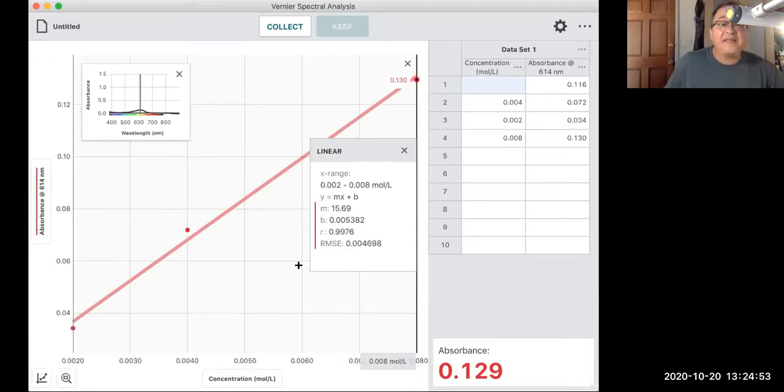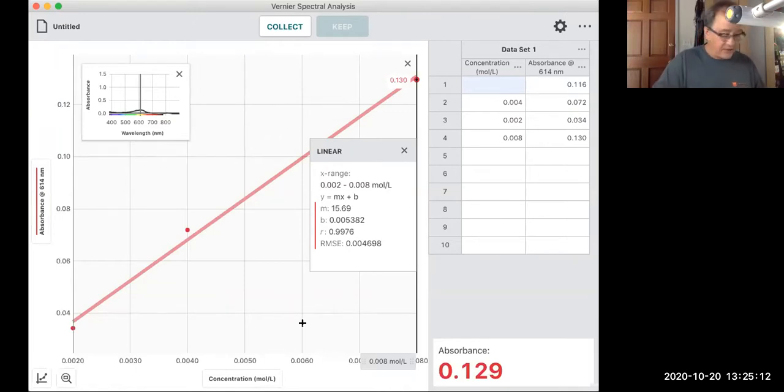And b is 0.005382, if I'm reading this right. Now I'm trying to think of why the slope is so large, or when I see why. Okay, so that's the equation of our line.